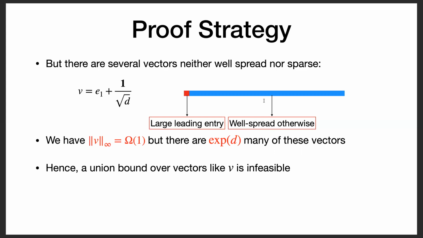This poses a problem for the previous inequality, because the infinity norm of this vector is omega of 1, but there are exponentially many of these vectors in a covering, because there are exponentially many vectors which are well spread over the remaining entries. So doing a union bound using the previous concentration inequality is not feasible for vectors of this form.